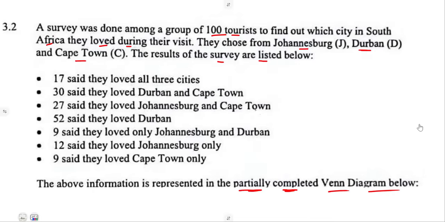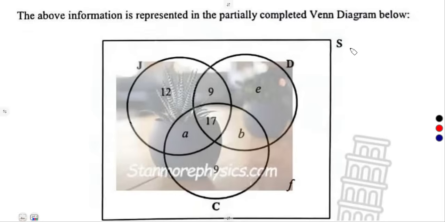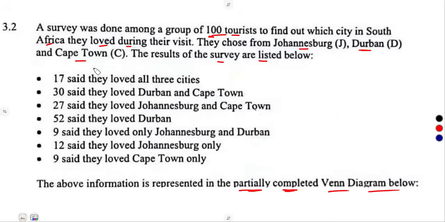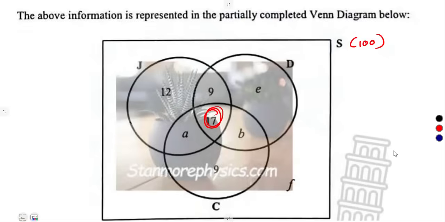We are told that there are 100 tourists, meaning our sample space is 100. Then some chose Johannesburg, some chose Durban, and some chose Cape Town. 17 said they loved all three cities. That is exactly what we are given there.